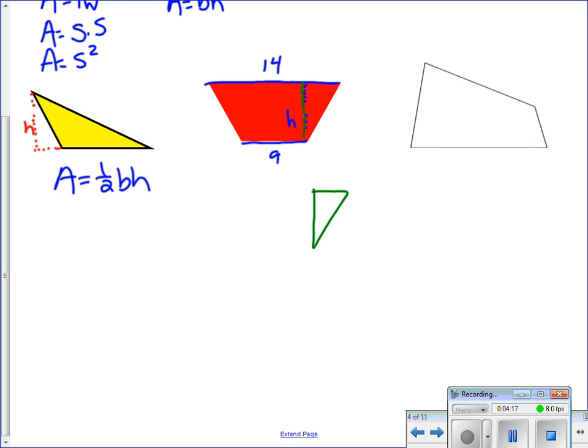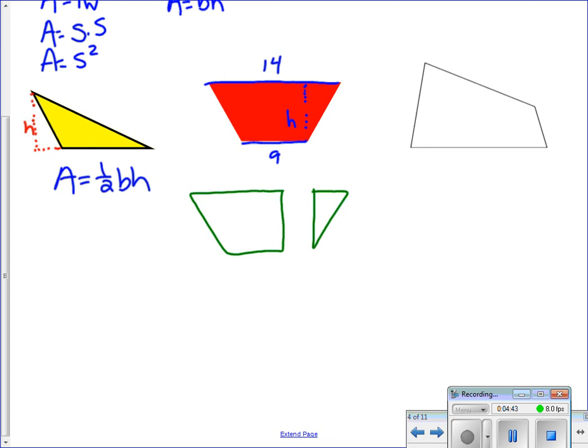And then that leaves me with this. So then some of you brought that down and did base times height. What's the problem with that? That figure on the left, what figure is that? Trapezoid. Another trapezoid! A lot of you fell for the trapezoid.